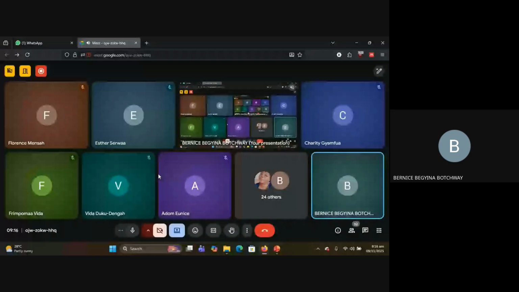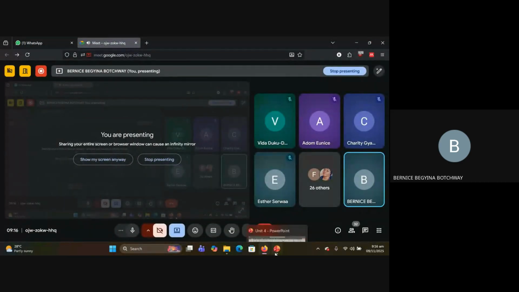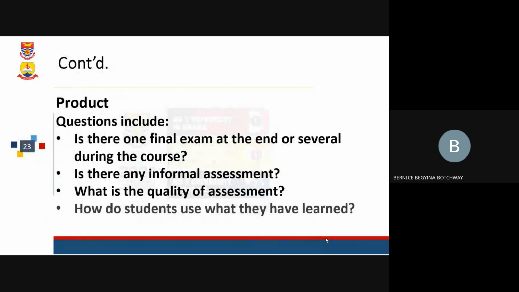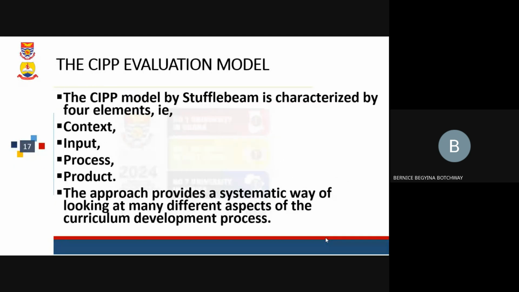So just as you've said, that's the CIPP model. What you said is a comprehensive understanding of the CIPP model.